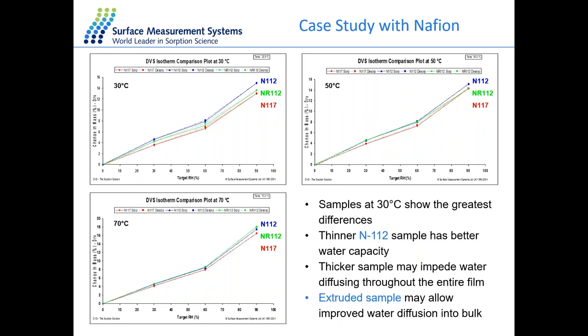Among the 2 extruded samples, N112 and N117, the thinner sample seems to have a better water capacity, with the higher water uptake at 90% RH. And for the samples with the same thickness, the extruded N112 sample has slightly higher water uptake than the dispersion cast NR112 sample at 30 degrees, which suggests the extruded sample may allow improved water diffusion into the bulk with the extrusion method.